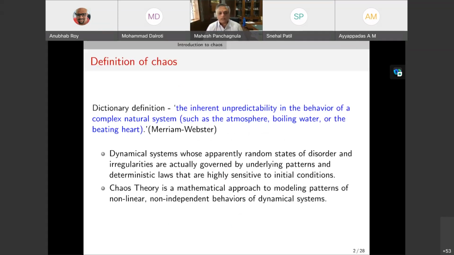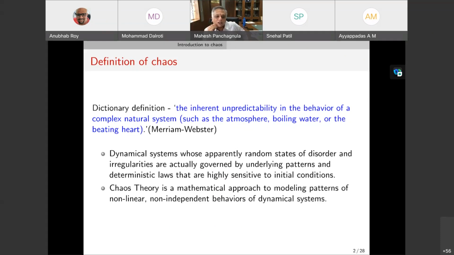Like I promised, we learned this word as an English word a long time ago. If you notice, the word chaos on this slide is with a lowercase c, whereas when I use the word chaos with an uppercase C, it is the real physics term. The Merriam-Webster dictionary meaning of chaos is that there is an inherent unpredictability in the behavior of a complex natural system.